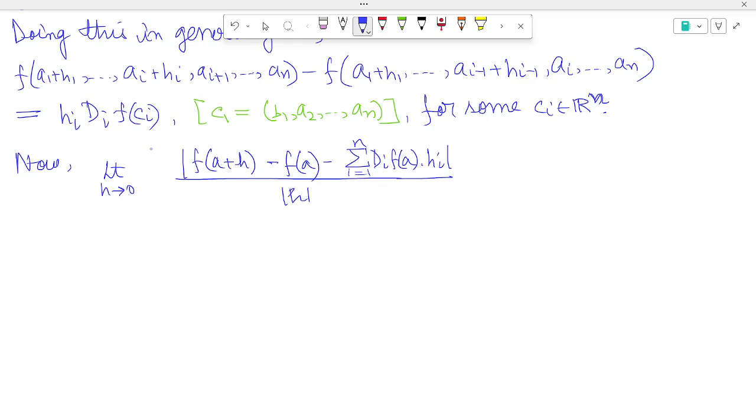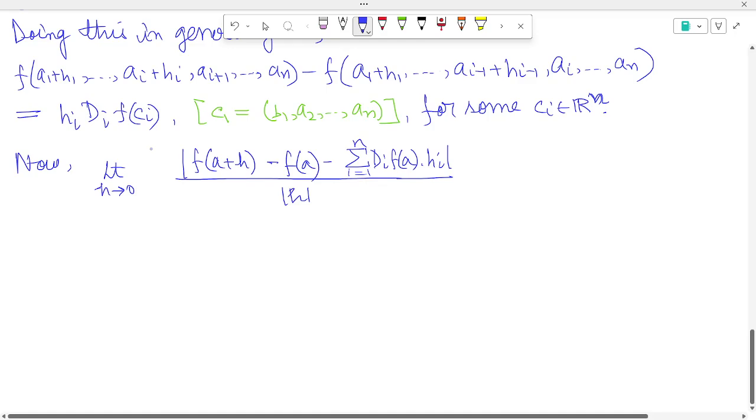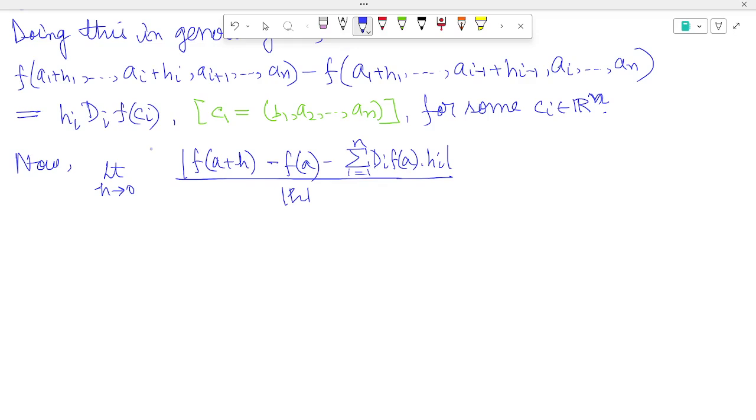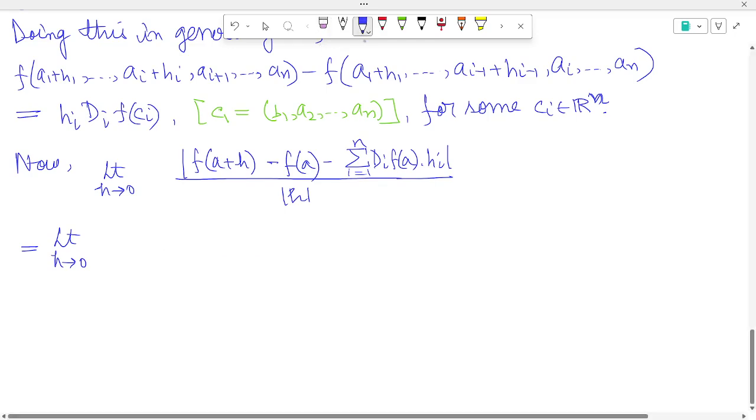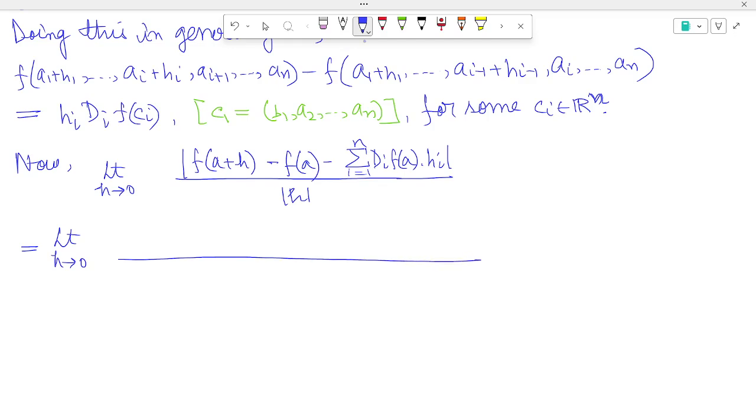What is this limit? I can put the value of f(a+h) minus f(a), that is, limit h tends to 0 of the summation of h_i times D_i f(c_i) minus D_i f(a) h_i.